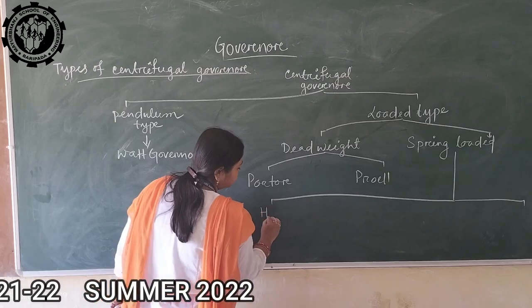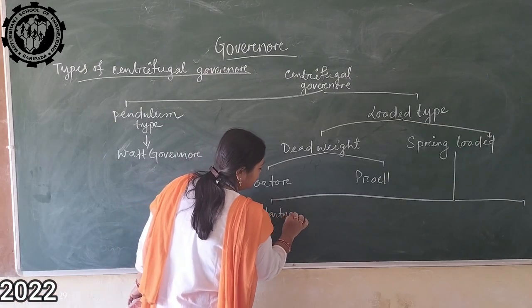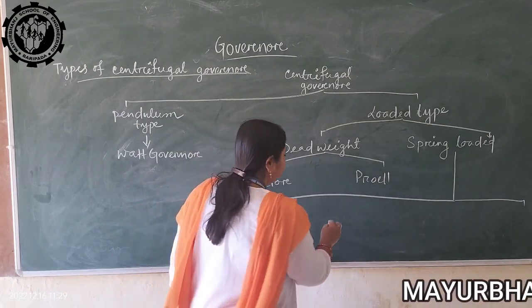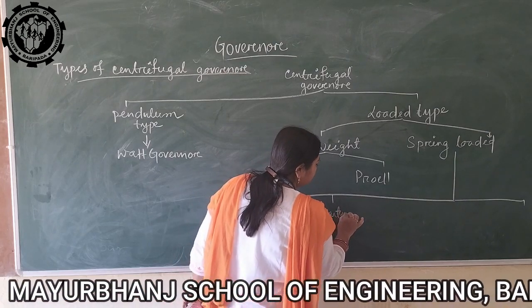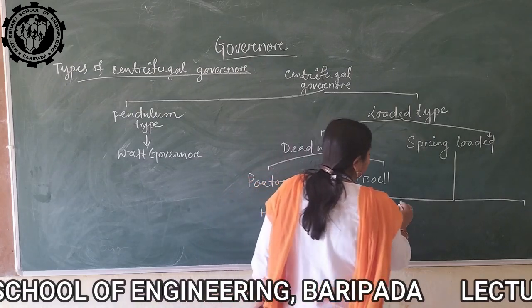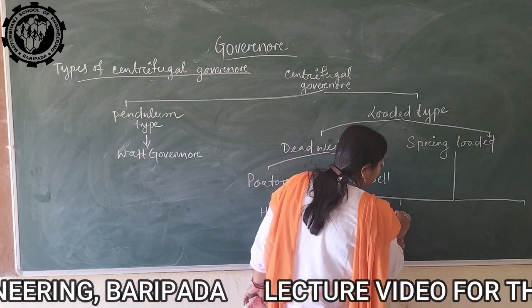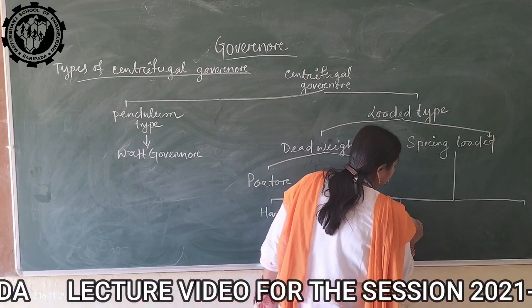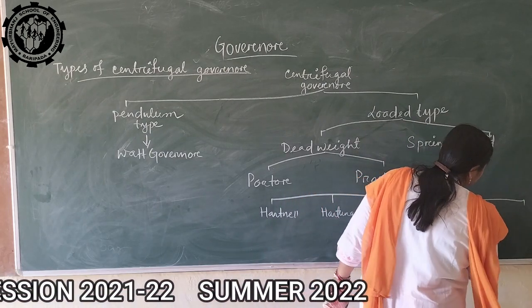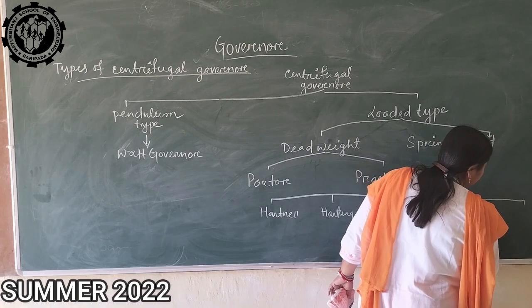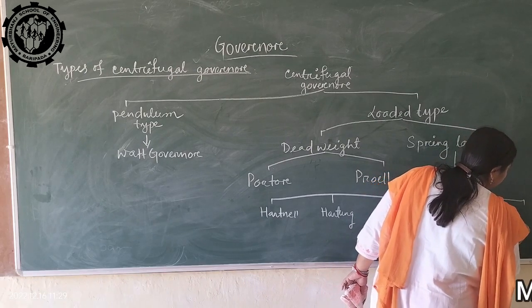One is your Hartnell governor. Another one is your Hartung governor. Another one is your Pickering governor and another one is your Wilson-Hartnell governor.